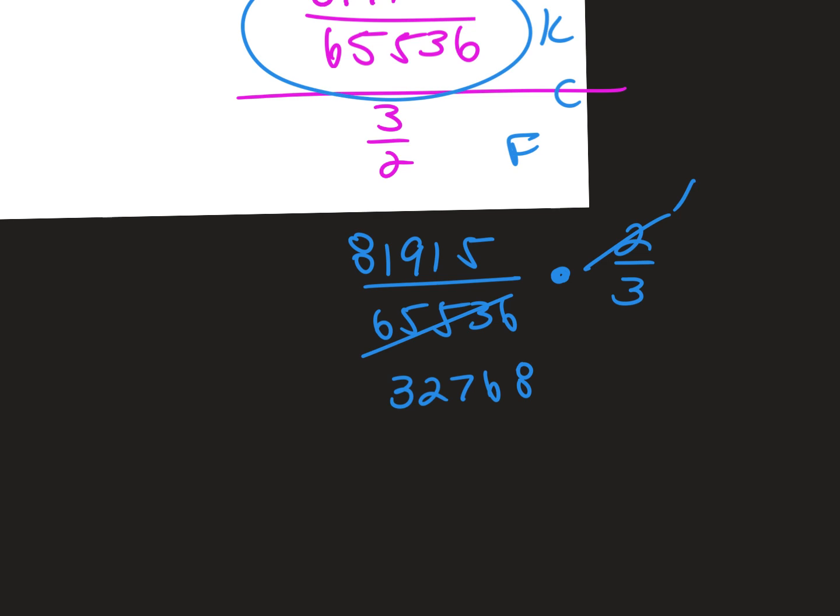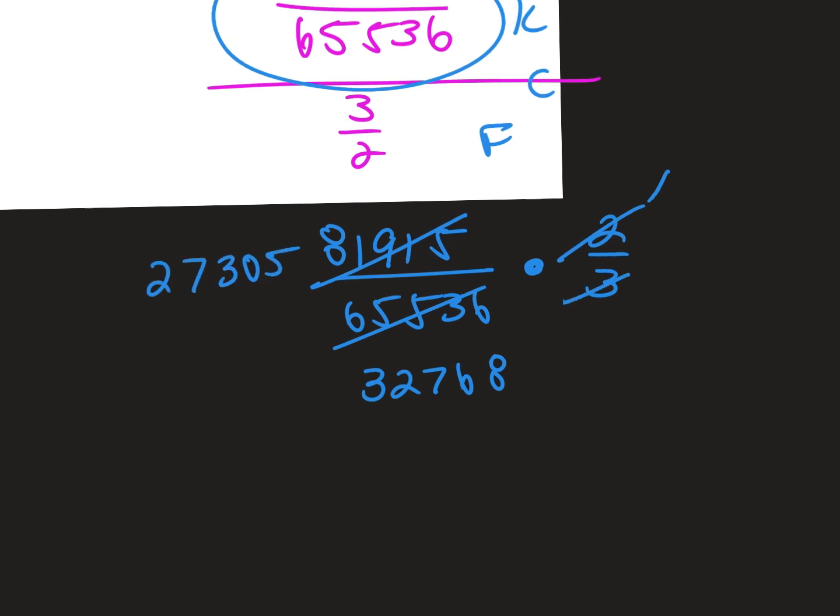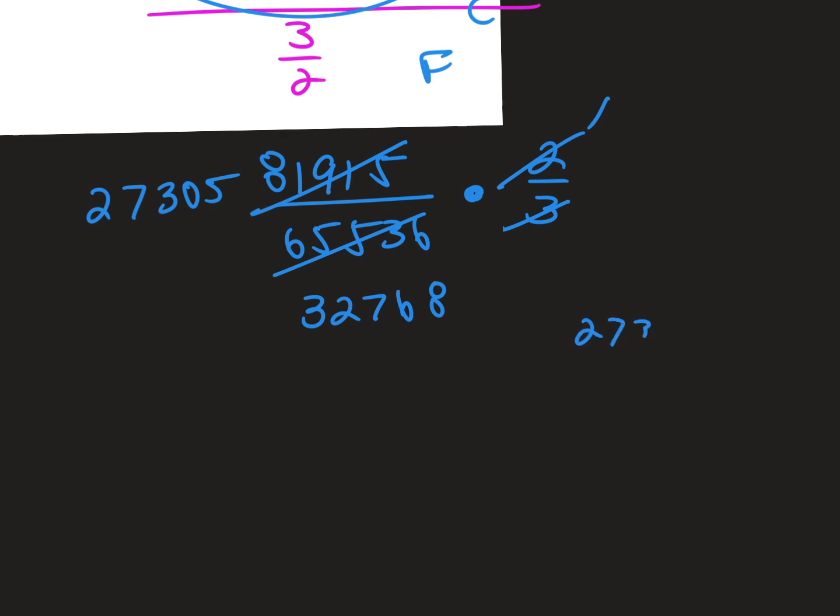So 81915 divided by 3, and you get 27305. So I have 27305 divided by 32768. I know 2 doesn't go in there. Some of you have calculators that, if you put that in, will simplify the fraction. Does 3 go in there?